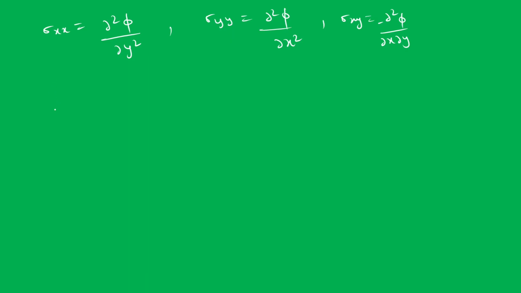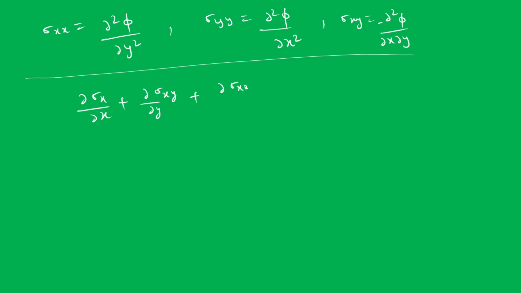And then we have another thing, that is the equilibrium equation in the presence of body force. How do we write that? Dou sigma xx by dou x plus dou sigma xy by dou y plus dou sigma xz by dou z plus X, body force per unit volume in the x direction, is equal to 0.